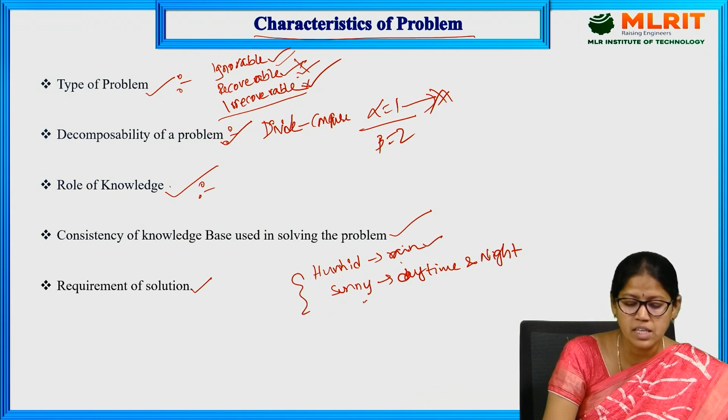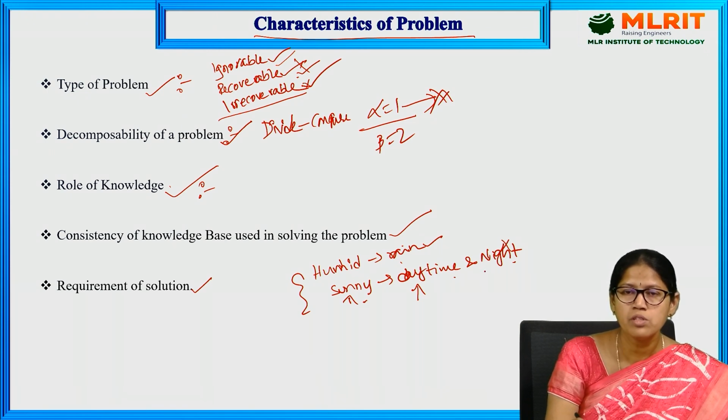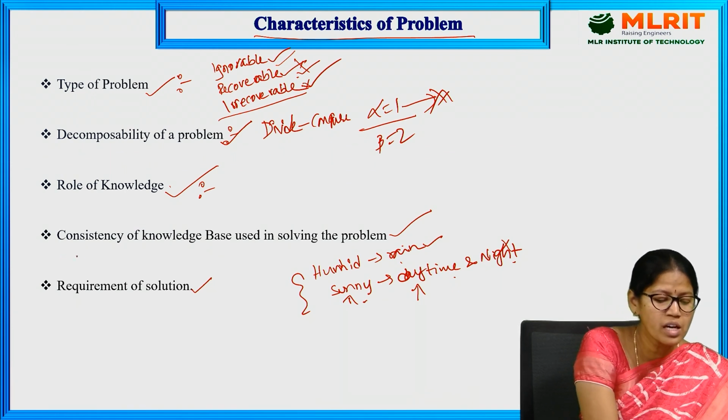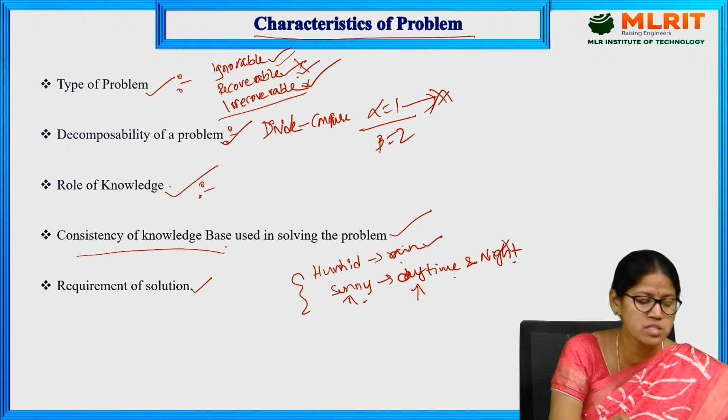If it is sunny, then it is daytime and nighttime. When it is sunny, then definitely it is daytime, it can't be nighttime. It is irrelevant information about the problem. So if the knowledge has inconsistency, then it leads to wrong solutions. That's why consistency of knowledge base is very important.